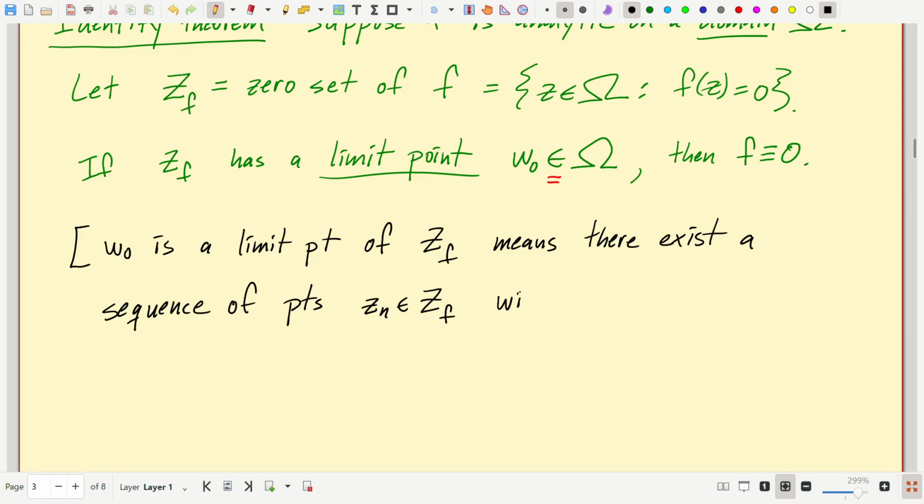All the z_n are different than w naught for all n. And the limit as n goes to infinity of that sequence is w naught.